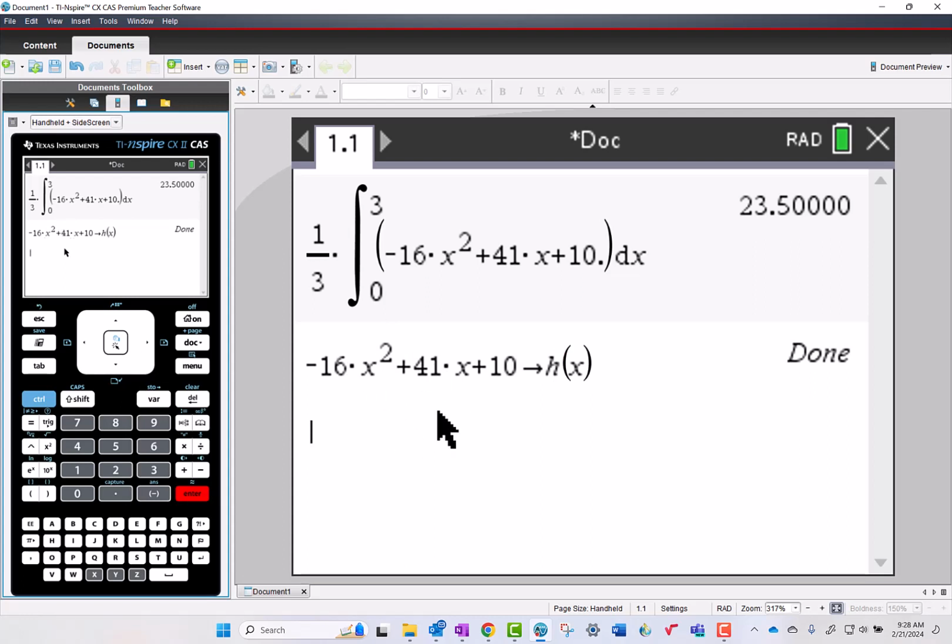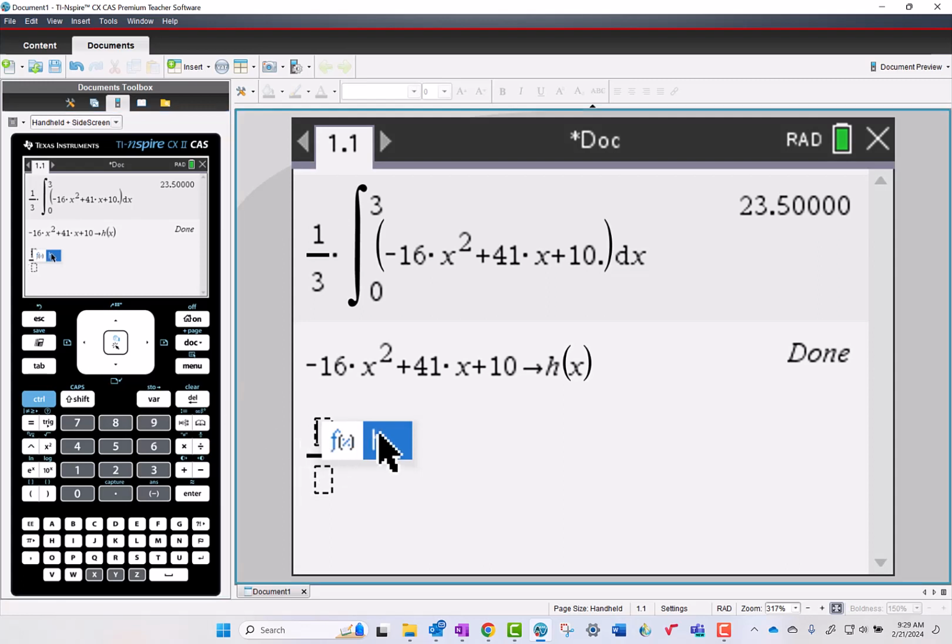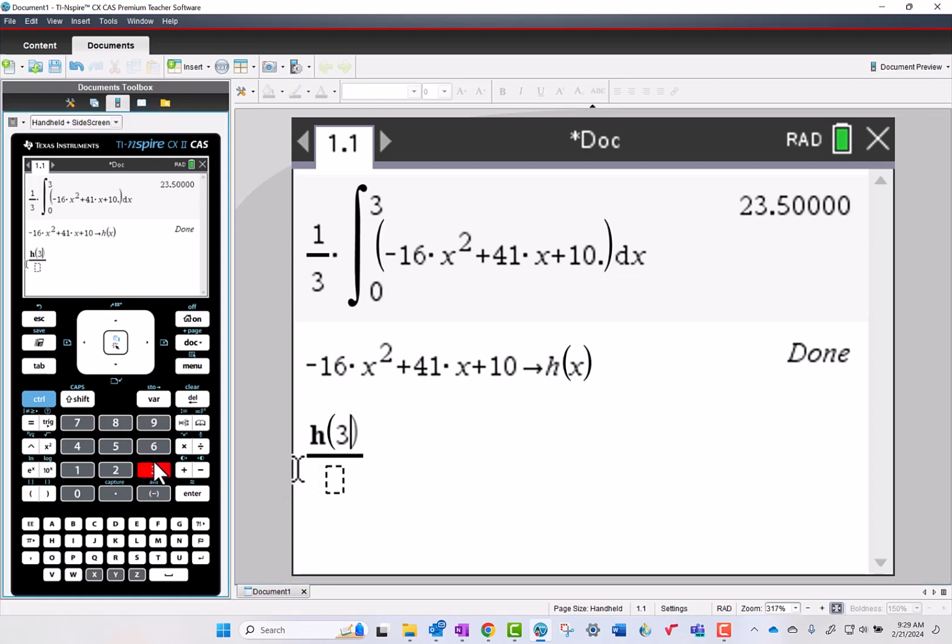So now I'm going to actually put my formula in. Okay, so I'm doing my f of b minus f of a. I get to my stored stuff by hitting VAR. It's h of, what was it, 3?